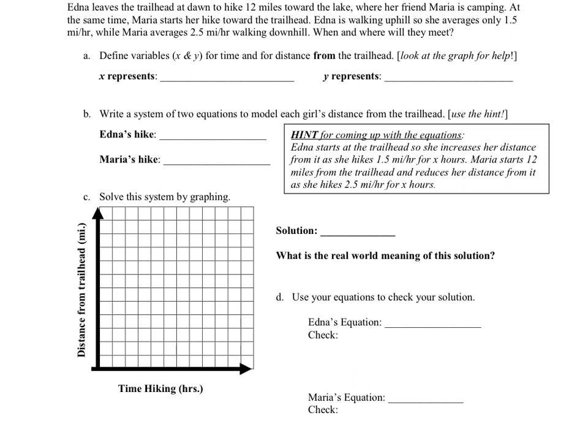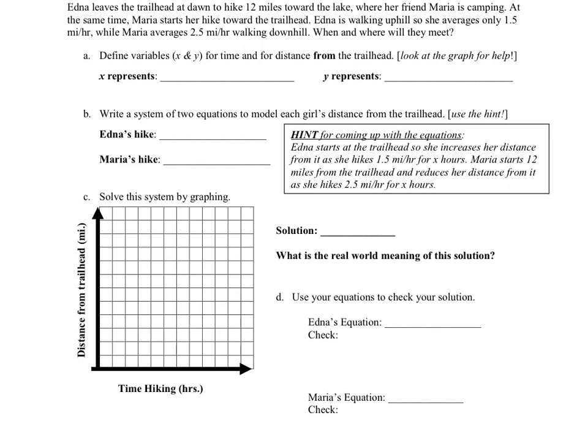So if she was to hike all the way to Edna, she would hike 12 miles. But Edna and she leave and they're walking towards each other. So they're not both going to hike 12 miles, right? They're going to together have hiked 12 miles, right? So Edna is hiking down to her, and eventually she's going to meet up with her friend, right?